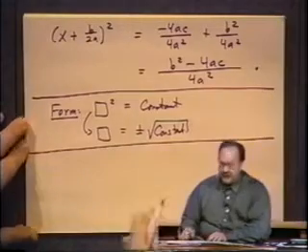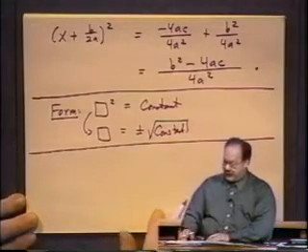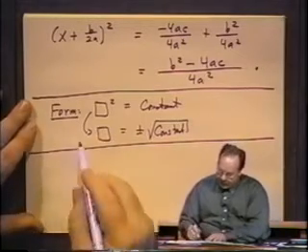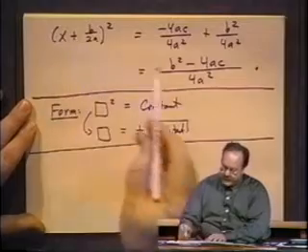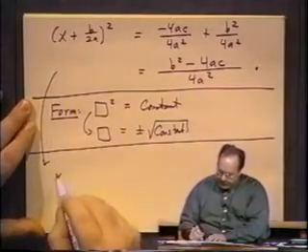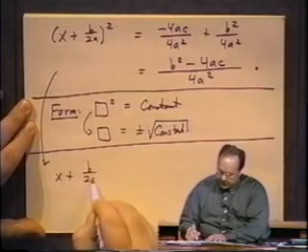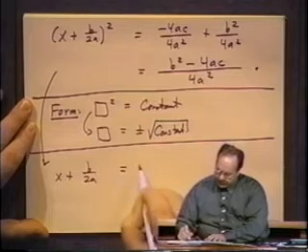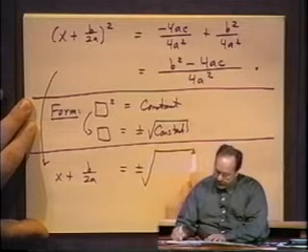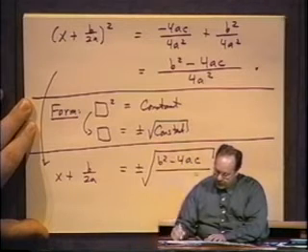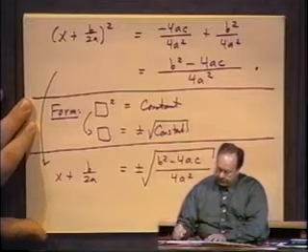Now that is that special form which we had as x squared equals p previously. All right, so with that in mind, this is the object squared equal this constant. This then becomes x plus b over 2a, that's the box, equals plus or minus the square root of the constant. The constant was b squared minus 4ac over 4a squared.